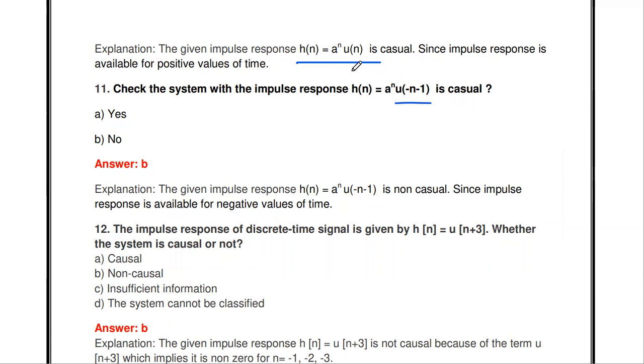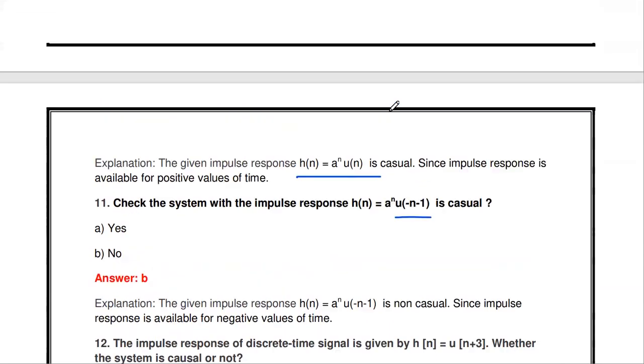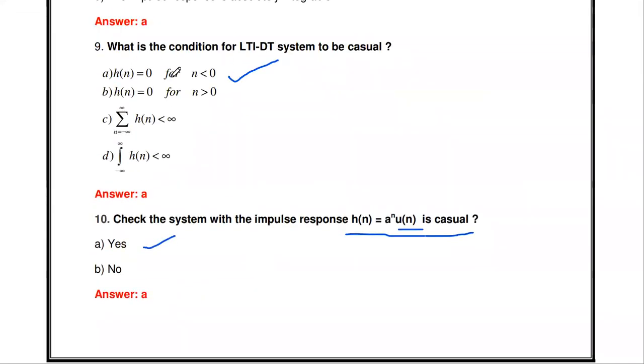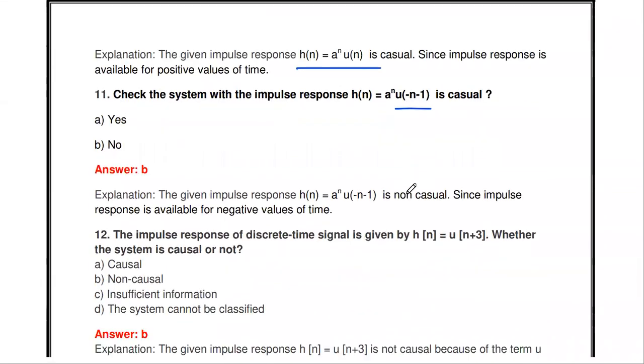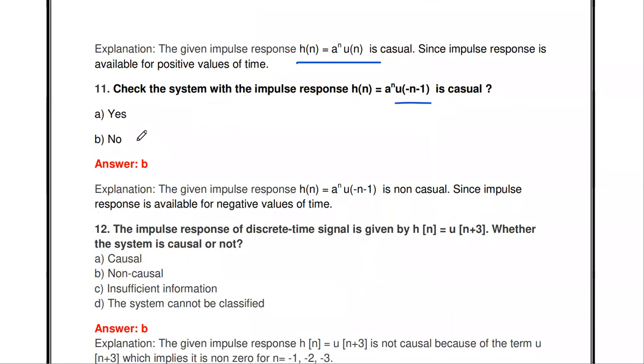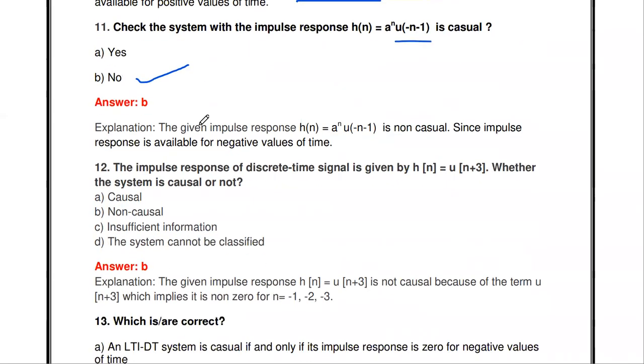So this impulse response is completely available for negative time. It does not satisfy our condition h of n equal to 0 for n less than 0. So this system is anti-causal, not causal, or non-causal. The given impulse response is non-causal since it is available for negative values of time.